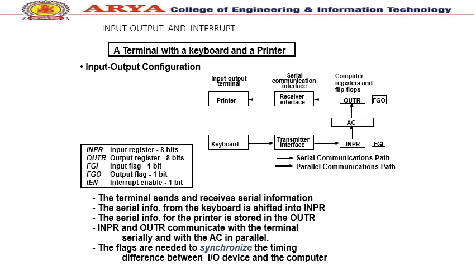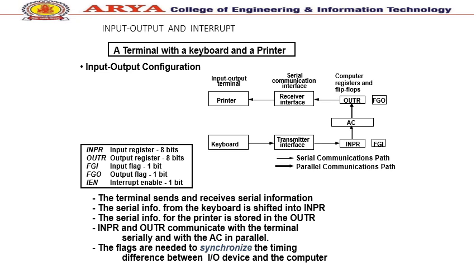INPR is the input register, 8-bit; OUTR is the output register, 8-bit; FGI input flag, 1-bit; FGO output flag, 1-bit; IEN interrupt enable, 1-bit. The terminal sends and receives serial information. The serial information from the keyboard is shifted into INPR. The serial information for the printer is stored in OUTR. INPR and OUTR communicate with the terminal serially and with the accumulator in parallel.